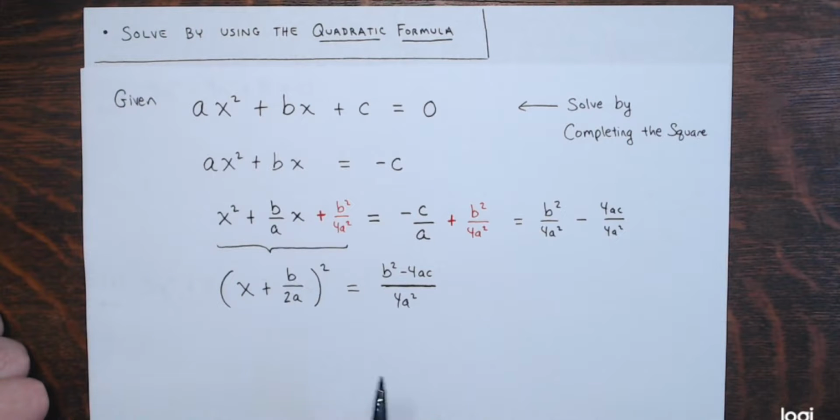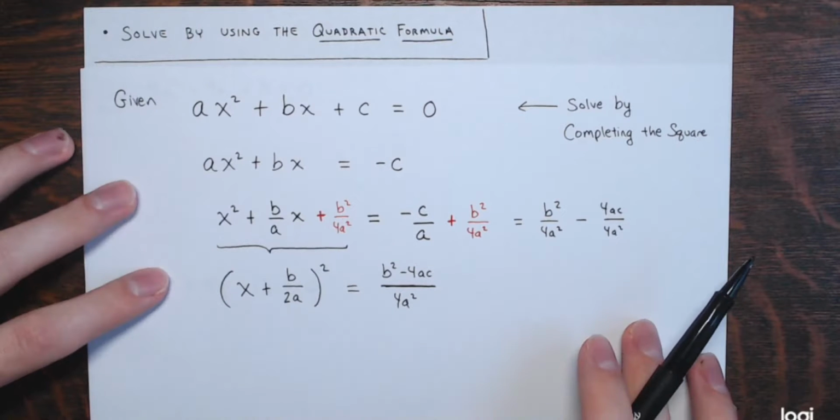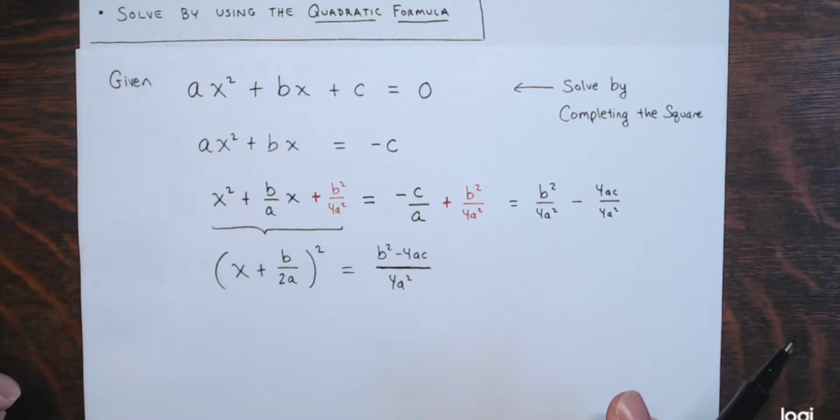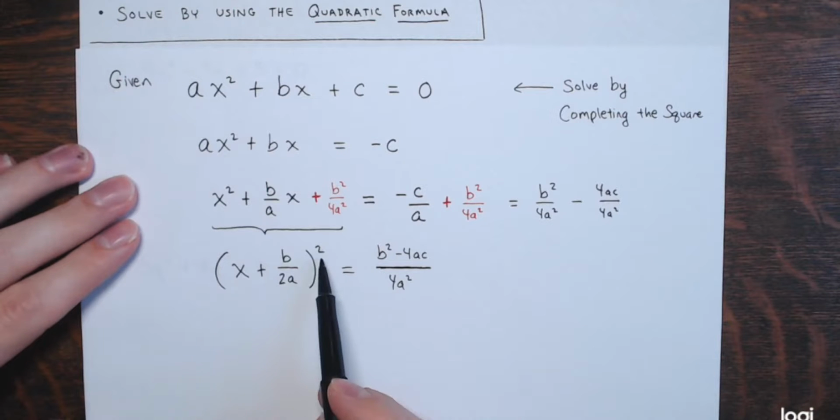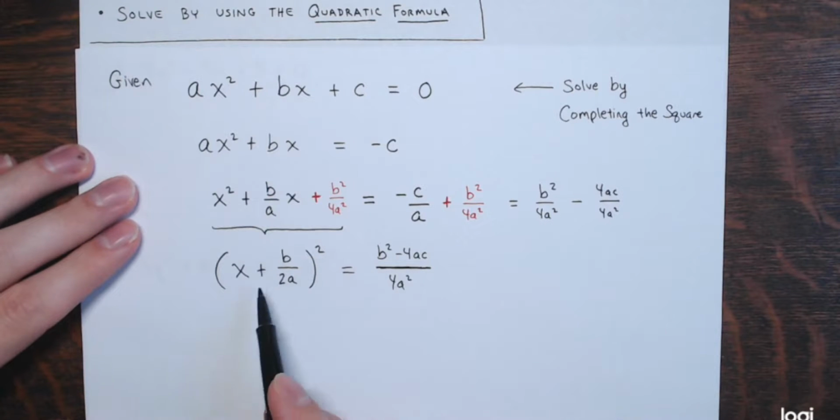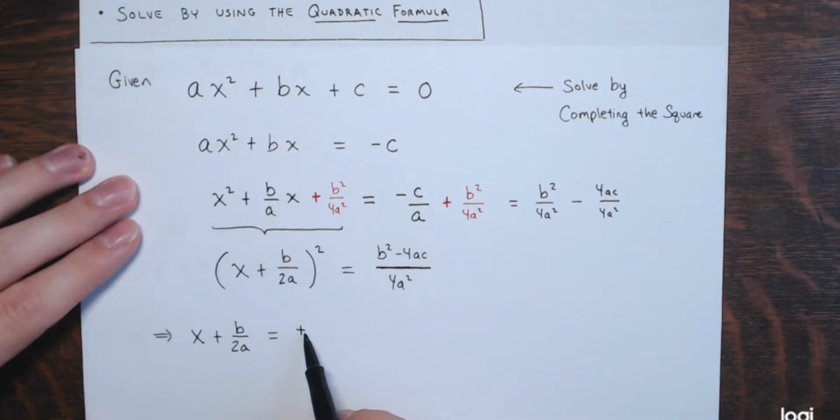Right. Now I apply the square root property, which again I'm assuming you know. If this squared is this number, that means that x plus b over 2a is either going to be positive or negative. Usually I write them separately, but for right now I'll write them at the same time.